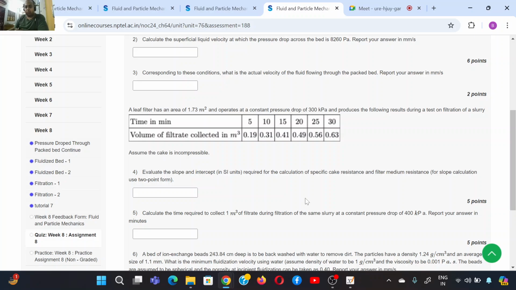Time is given and the volume of the filtrate is given. Assuming the cake is incompressible, that means the s value is equal to 0, and alpha is equal to alpha naught into delta p to the power s, so s is 0. Evaluate the slope and intercept required for the calculation of specific cake resistance and the filter medium resistance.